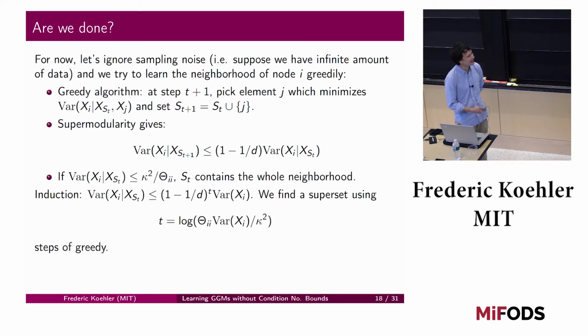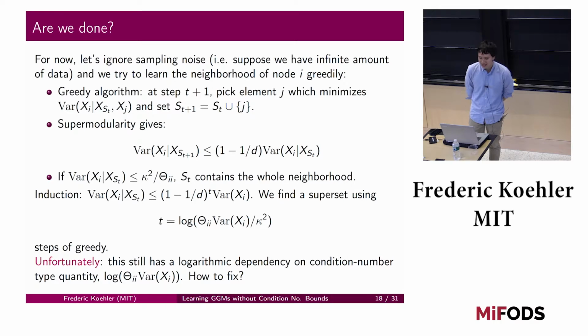And so I just use induction. If I do this for t steps, I get a multiplicative shrinkage of 1 minus 1 over d to the t. And I need to get down to an error of kappa squared. And so if I use log of theta I variance xi over kappa squared steps, then I successfully learn the neighborhood.